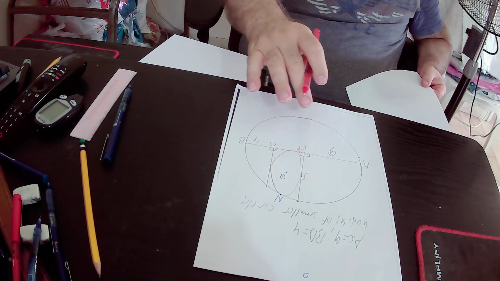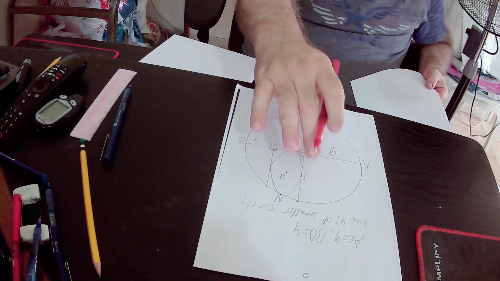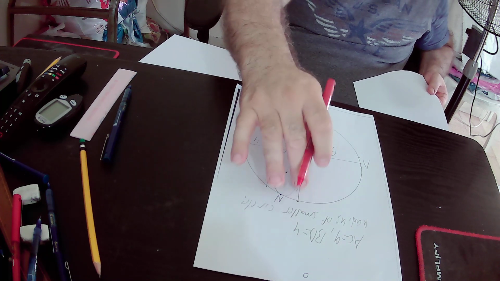Okay, point S is the launch point between the circle and its tangent.